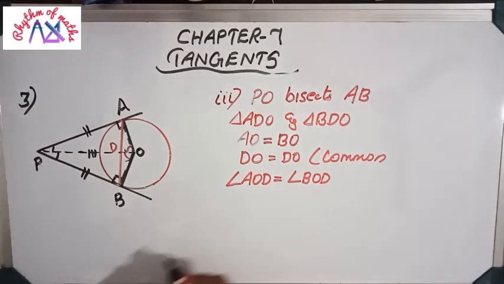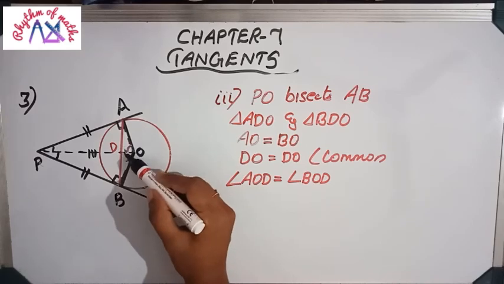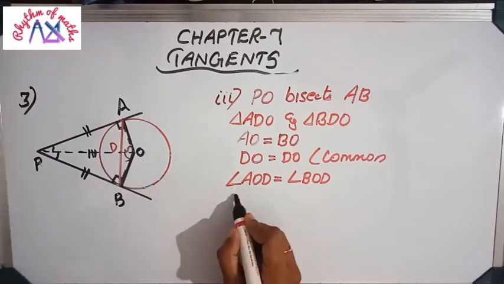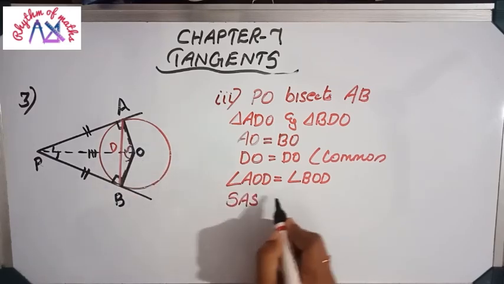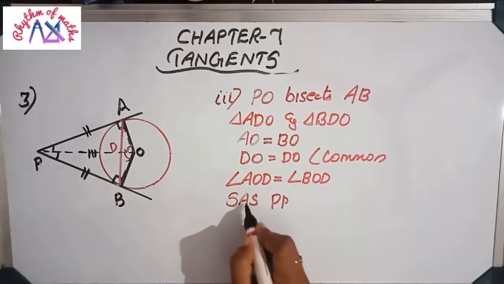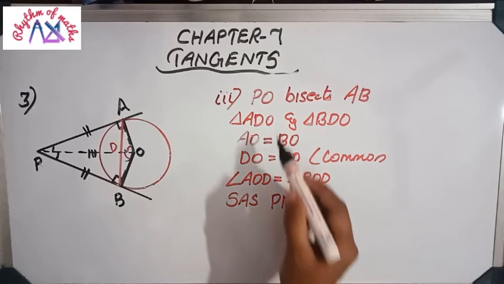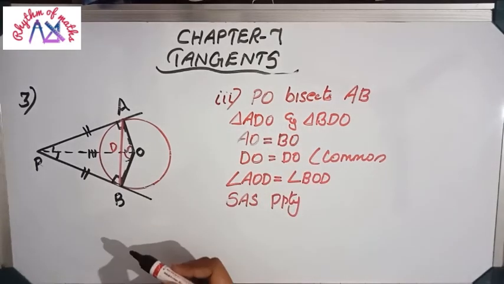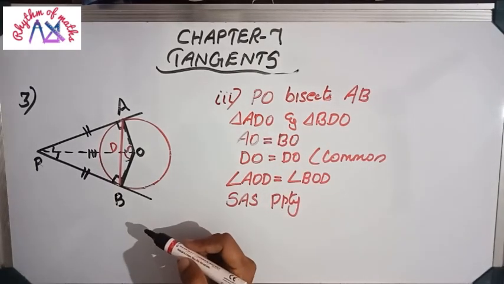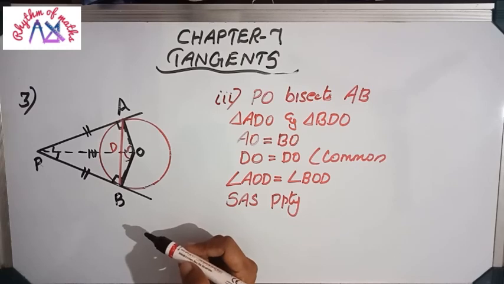So two sides equal and the angle between them equal. That means the SAS property, two sides and the angle between them. So by the SAS property we can say that these two triangles are equal triangles. So sides opposite to equal angles will be equal.